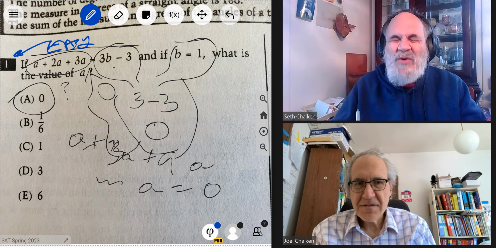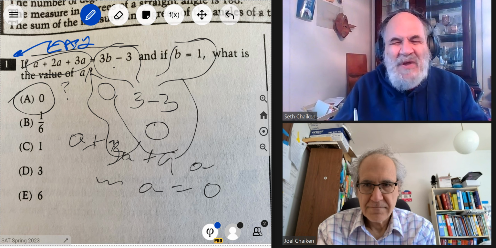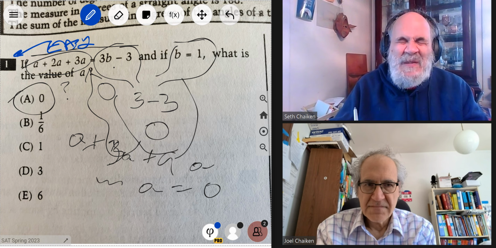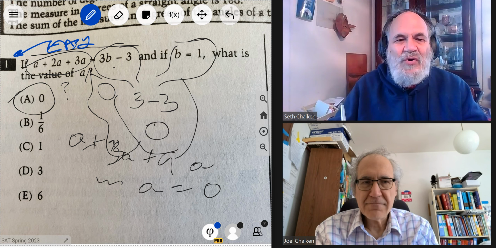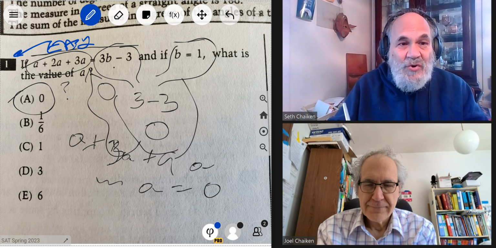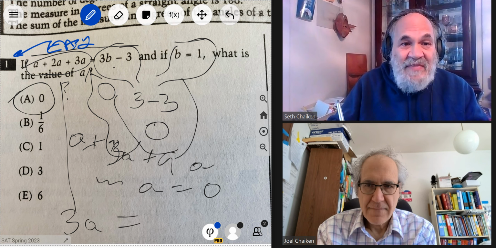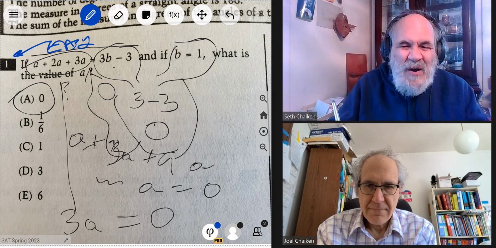Answer. I notice I did not think of adding 1 plus 2 plus 3 to get 6. If you're not sensitive to the pattern, what you would do is simplify the left-hand side to 3A, that equals 0.